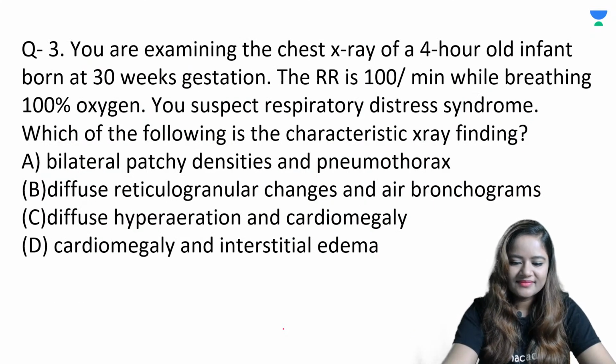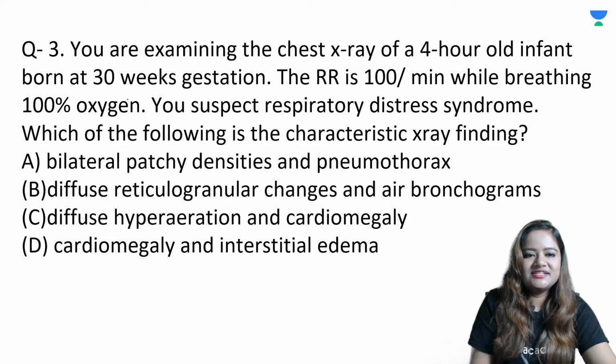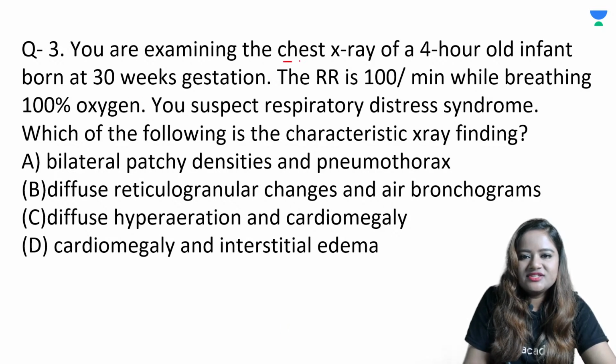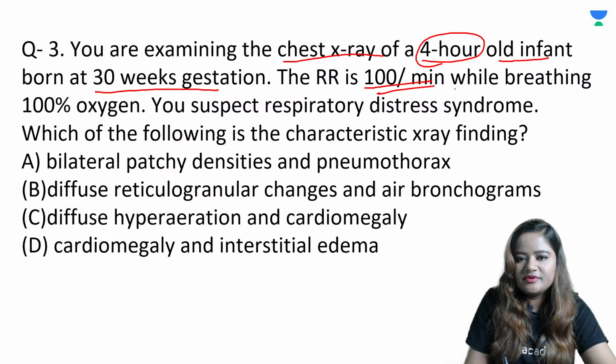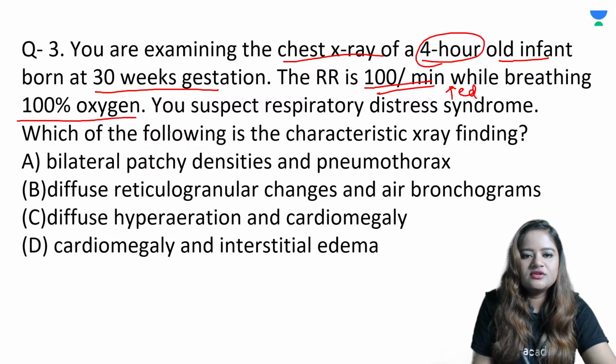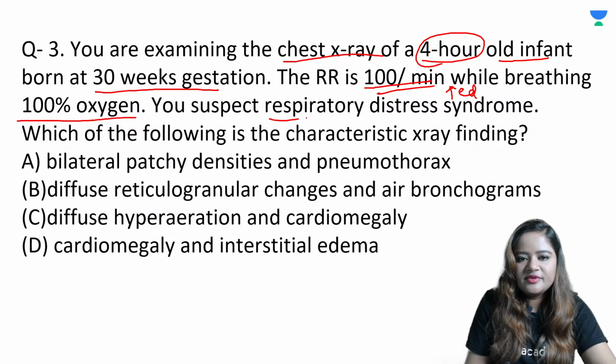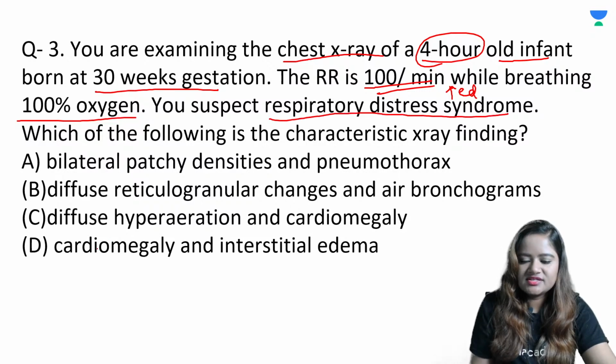Okay. So next question, question number 3. You're examining the chest X-ray of a 4-hour-old baby who was born at 30 weeks of gestation. The RR of the baby is 100 per minute, which is obviously increased, while breathing on 100% oxygen. You suspect that the baby has developed respiratory distress syndrome.